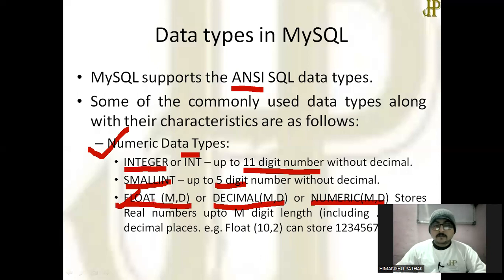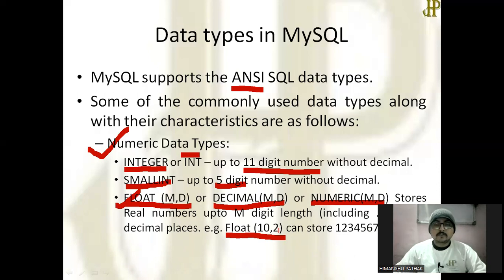So here m is the total length of your number, including the dot and the decimal part. If I have written float(10,2), then including the decimal point, there should be only 10 digits or fewer.